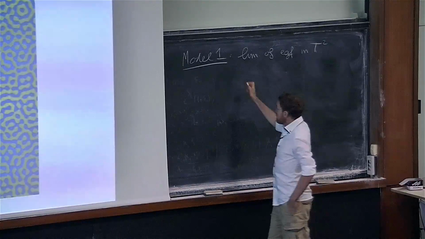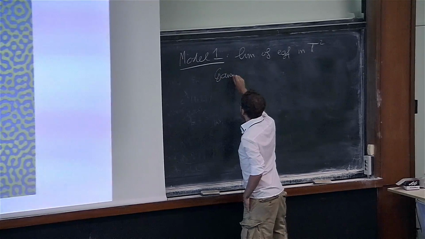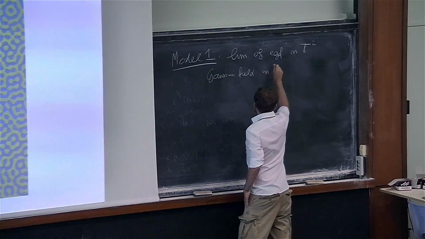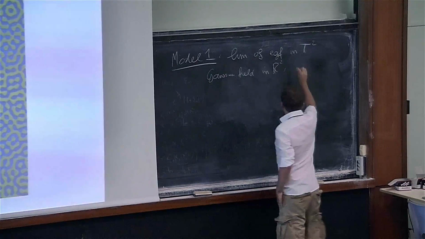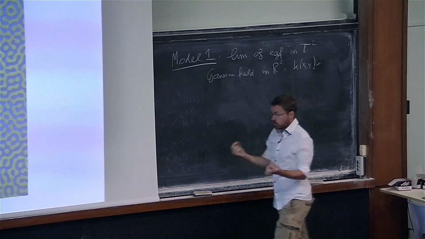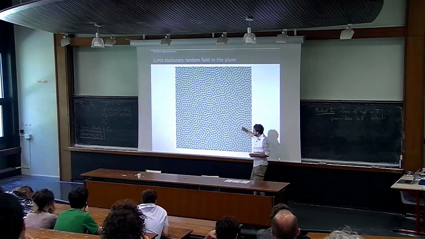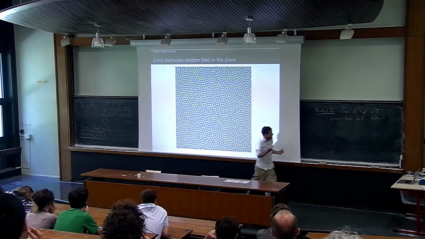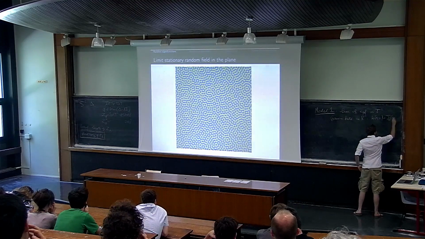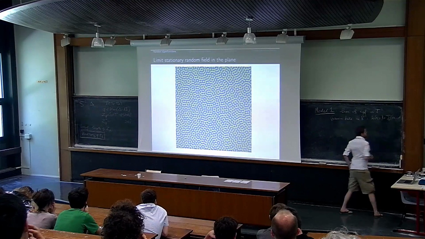And this is explicit. It's a Gaussian field in R2. And the correlation function, so the correlation between the value at a point x and the value at a point y, is exactly given by a Bessel function. So it's J0 of the distance between x and y.